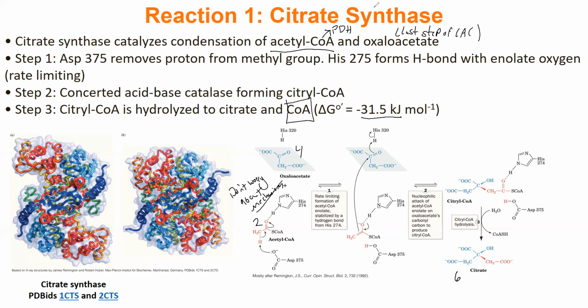So this coenzyme A, this is a very high energy molecule, energy rich. That's the word I was going for. It's an energy rich molecule. It's kind of similar to ATP. Similar, but not quite.